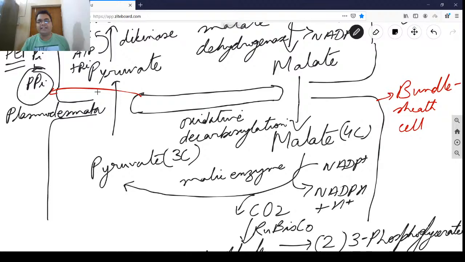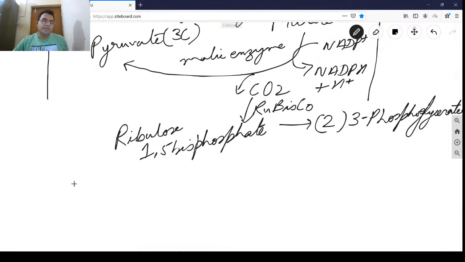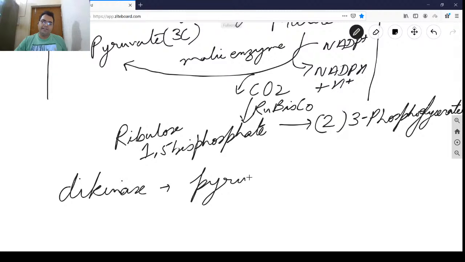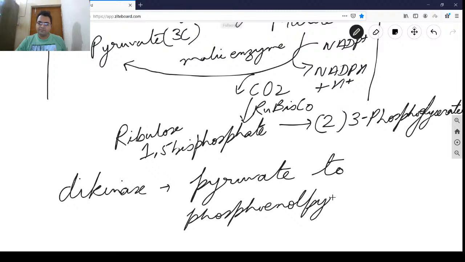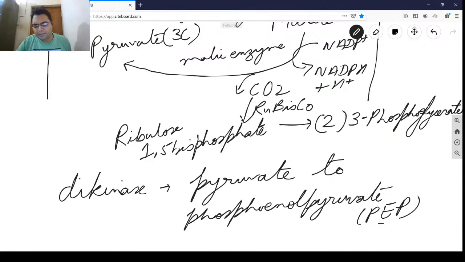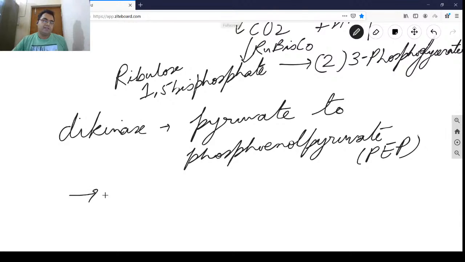So if you are writing dikinase, one is pyruvate to phosphoenol pyruvate, or PEP. Another one is phosphate to pyrophosphate, meaning Pi to PPi.